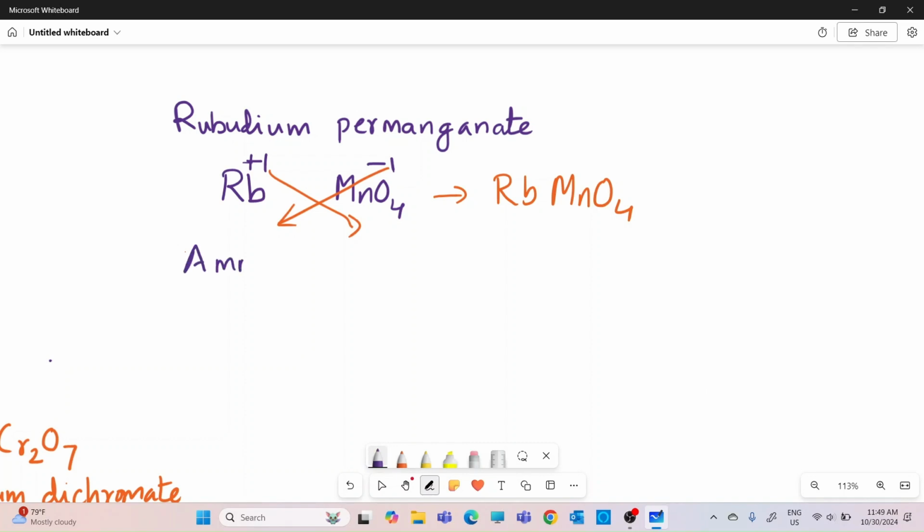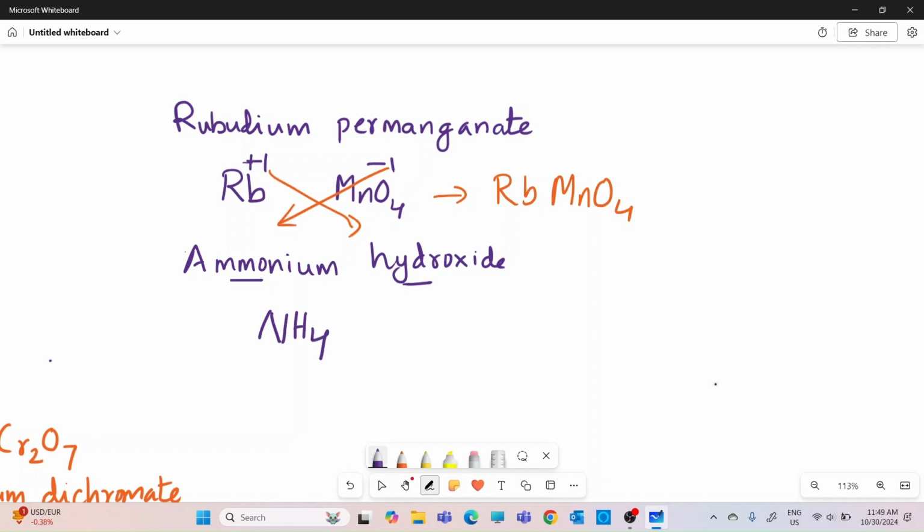Okay, let's try another one, which is ammonium hydroxide. Remember, there are two polyatomic ions in this compound. Ammonium is the only polyatomic ion with a positive charge. So even though everything is non-metal, this is considered an ionic compound because of the ion in there.